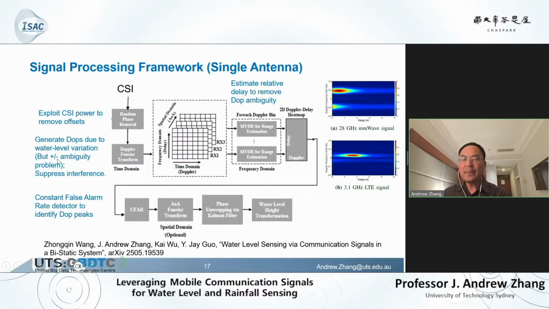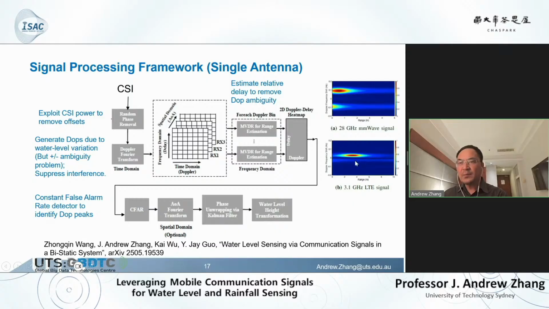Note that in a real system, we will not have negative delay. So exploiting this property, we can remove the image component and return the correct estimate. Of course, there's some special processing here so that the condition I just mentioned can become true. Exploiting this technique, we can remove the image component and get a relatively clear output.